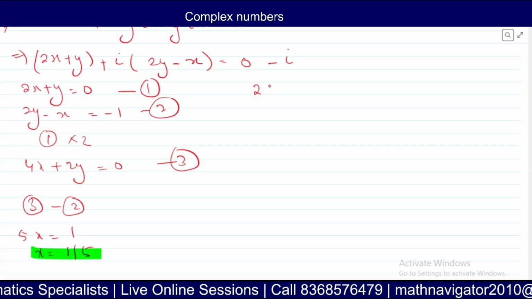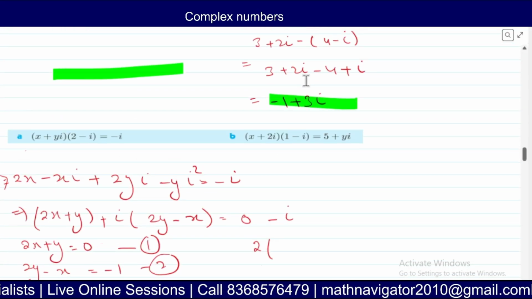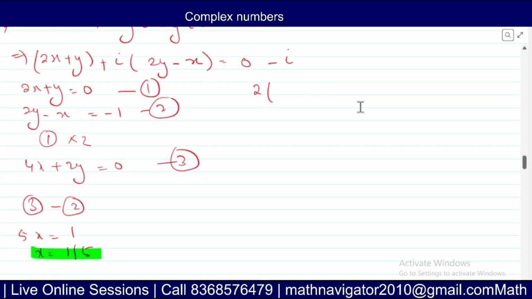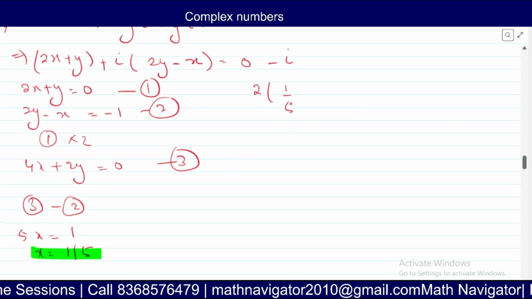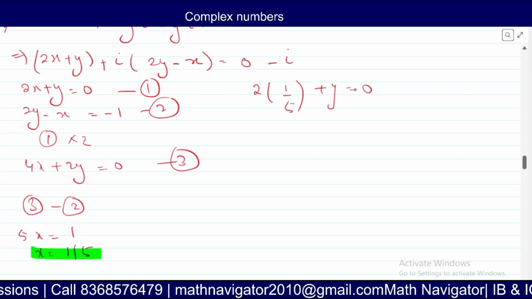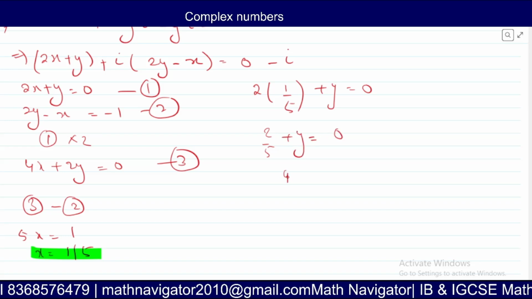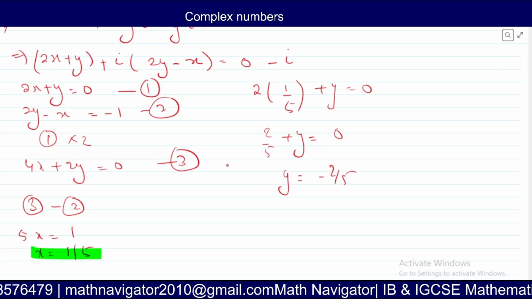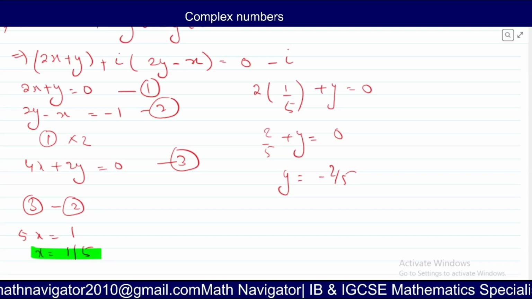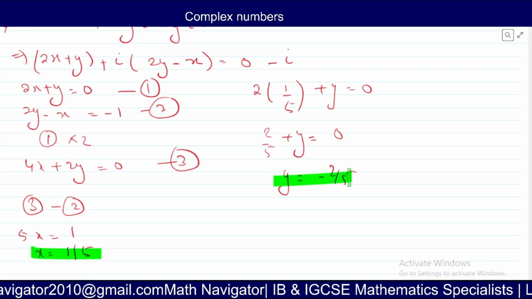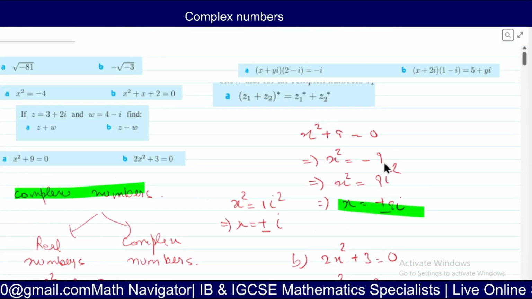So 2 times 1 by 5 plus y is equal to 0, so y is equal to minus 2 by 5. So this is my answer. Right? I hope it is clear up to here. Let's come to the next, last question of this.